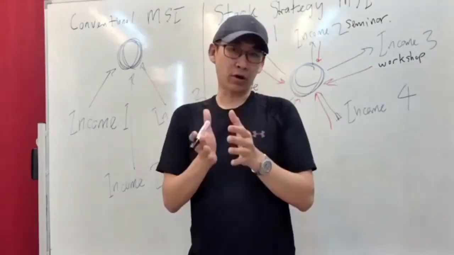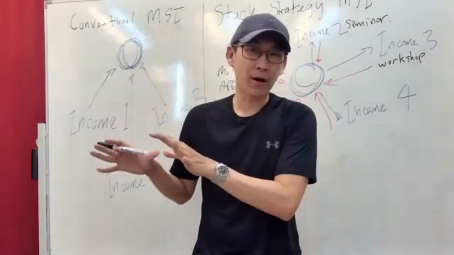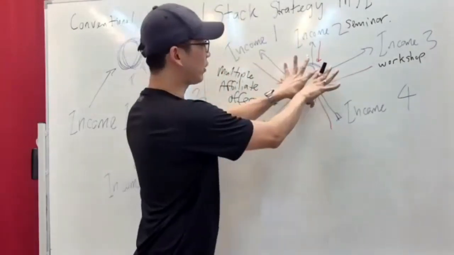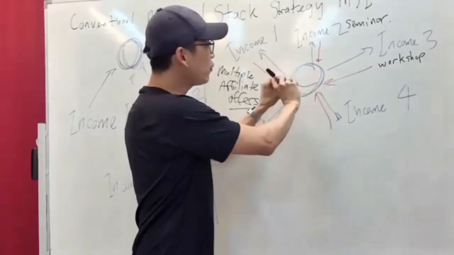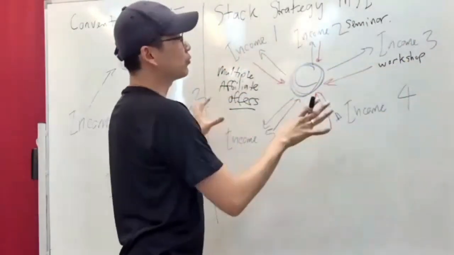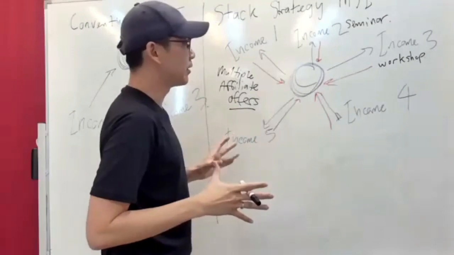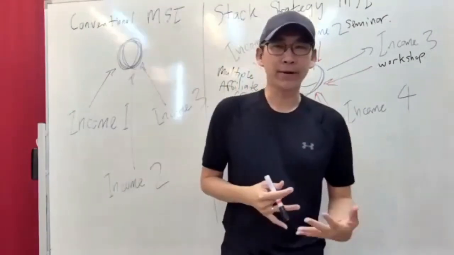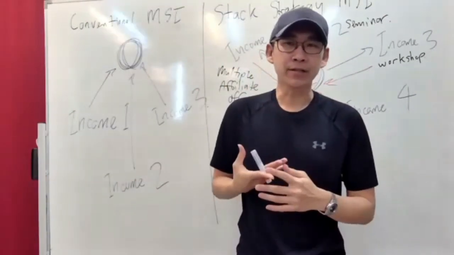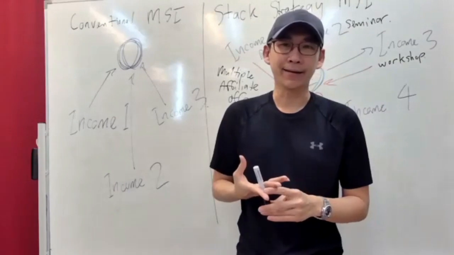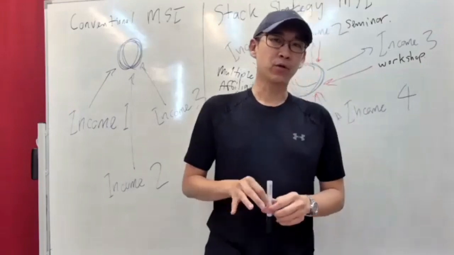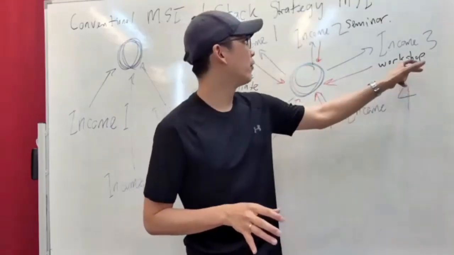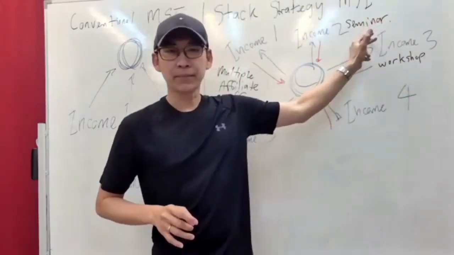You can create a course one time so that you have a course for your core business. But if you want to expand towards multiple income streams, you don't waste time going to create courses. Creating courses takes a lot of time, and here's another secret. The value of it cannot be compared with a workshop or a seminar.